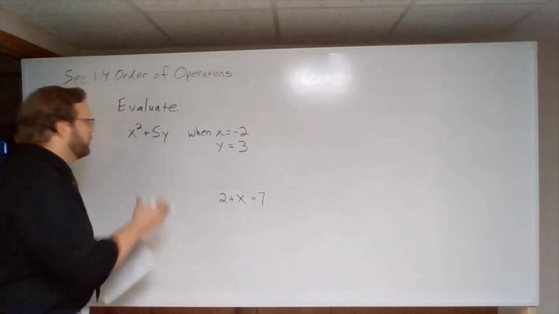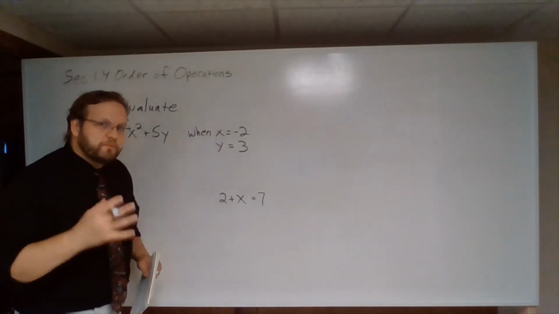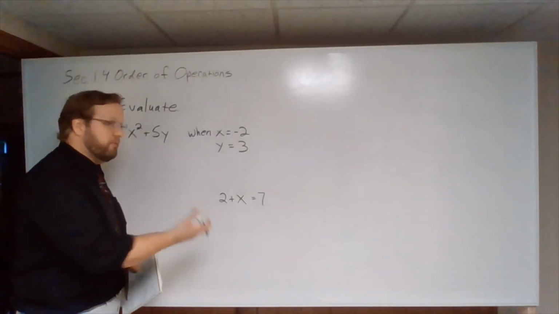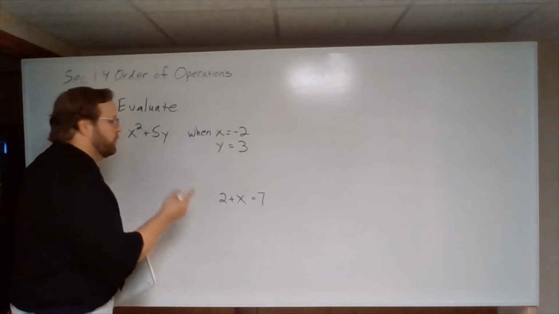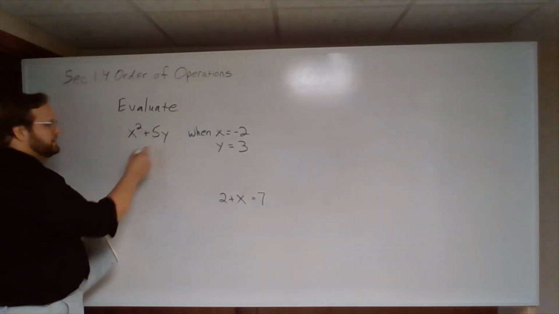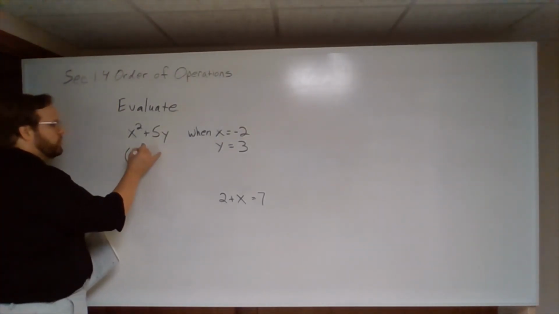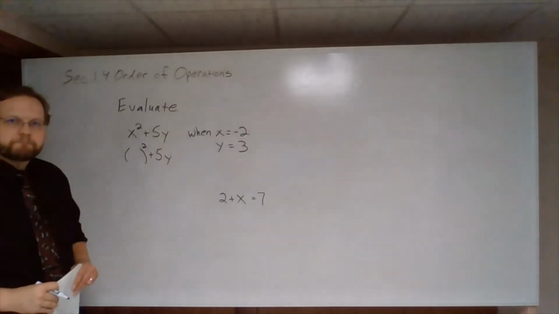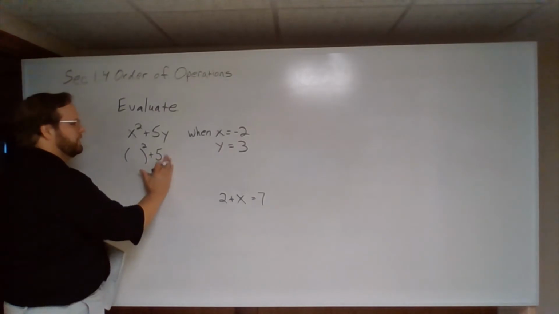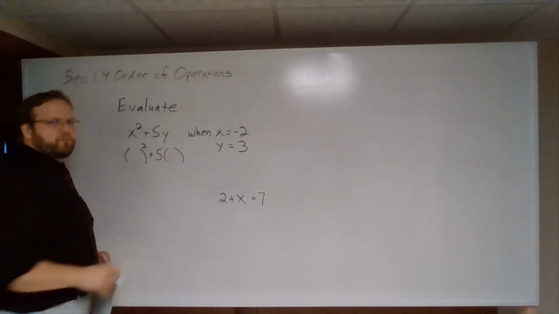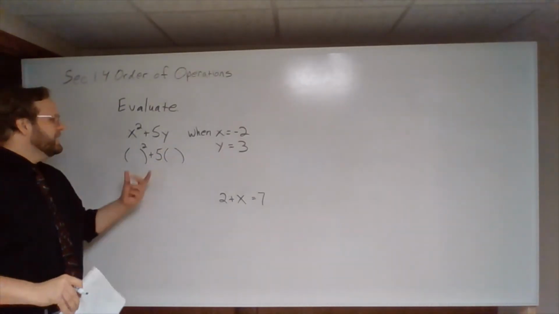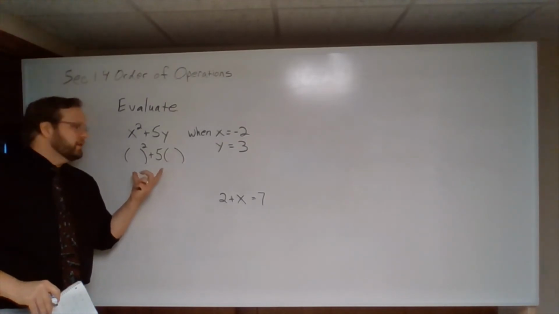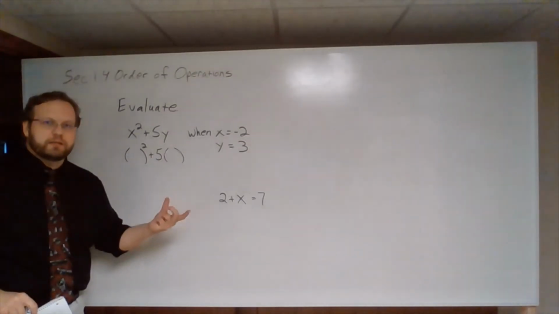Now, when we plug these in, I want you to first reintroduce that idea of the blank box, okay? What I mean by that is I'm going to rewrite this as x squared plus 5, I'm sorry, 5 with a blank there as well, okay? Now, when we put those blanks in there, we now have everything we need if necessary.